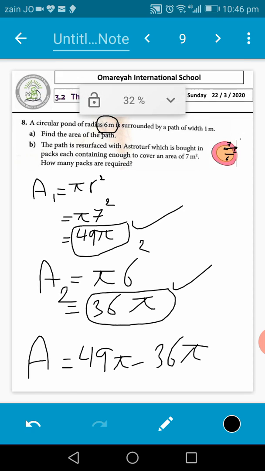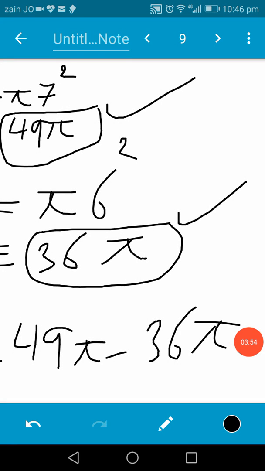To get now the answer equals 40.84. So this is the final answer for this question.